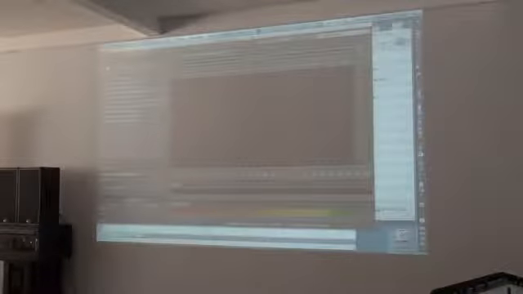Okay? So if we plan to use analyzers, it's a good idea that we understand the information of the analyzer with different audio signals.